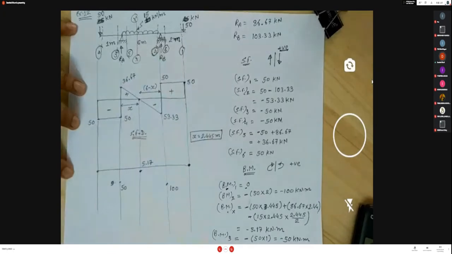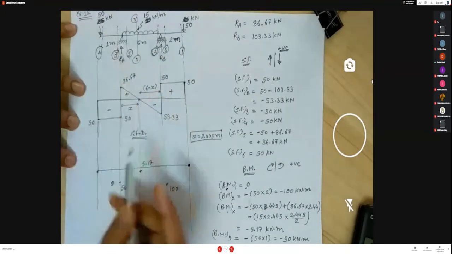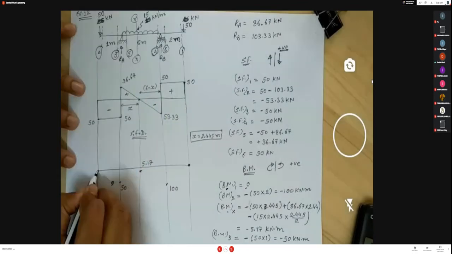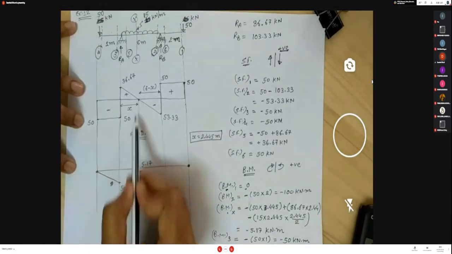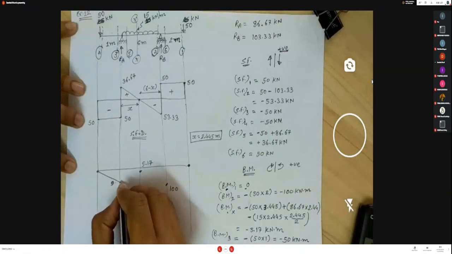Between 4 and 3, there is no loading, which means you have to connect a linear variation. X is under the UDL, so this is also UDL. These 2 points form a UDL curve, but the maximum value is this, so you have to connect like this.